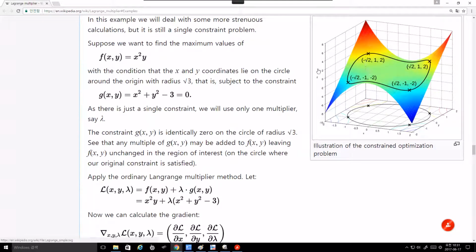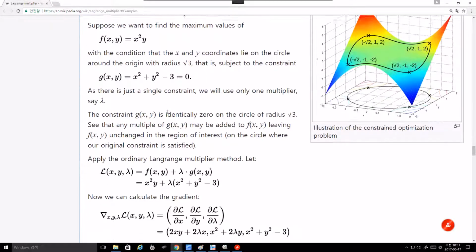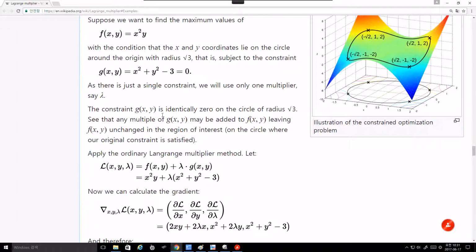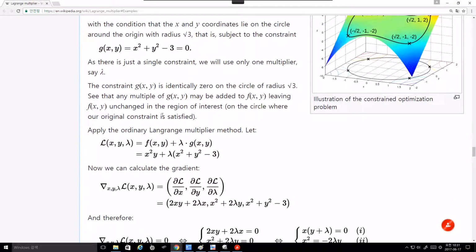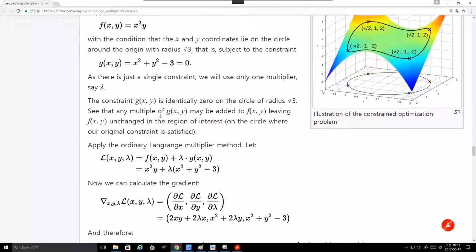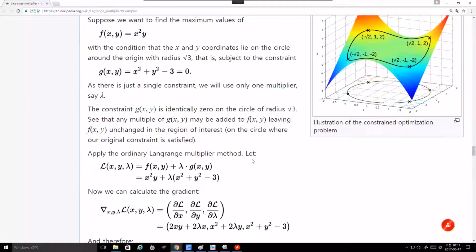So basically, this x squared y is the complicated mountain, and we want to find the critical point of this strange mountain, subject to this trail, and on the mountain, this trail corresponds to this one. Now we apply the ordinary Lagrange multiplier method.